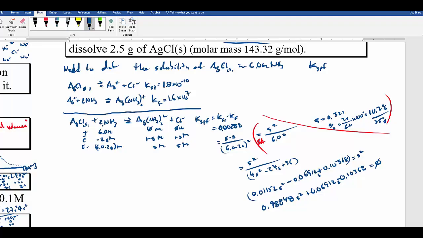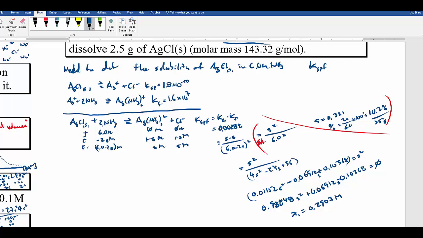And have it solve it, and I get an X1 of 0.2907 molar. Not X, S1. My S2 value is negative 0.360 molar.